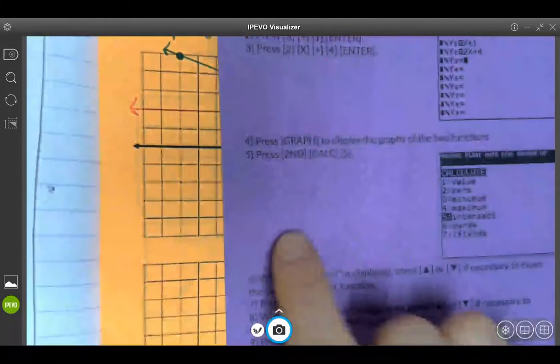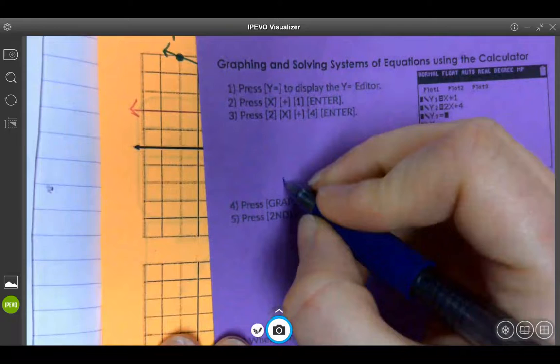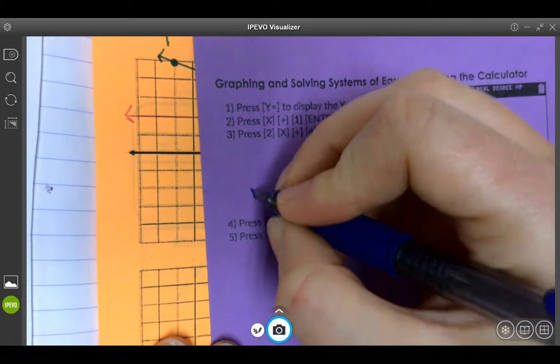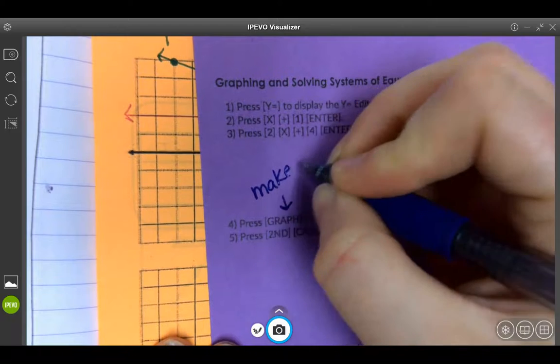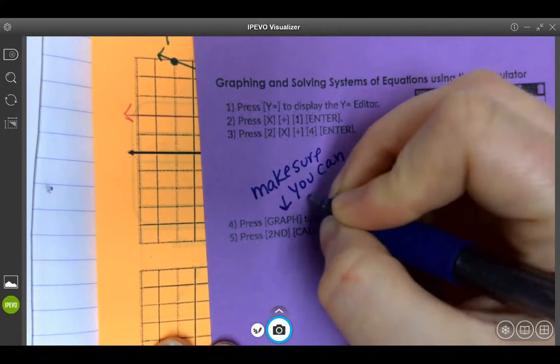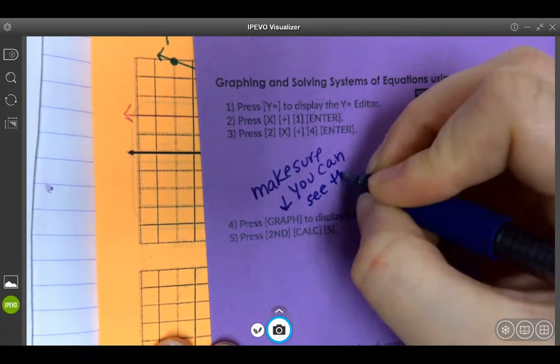One thing that you need to make sure whenever you hit graph, everybody look at that purple paper. Make sure you can see the intersection.